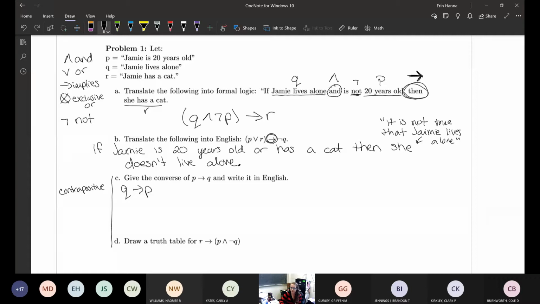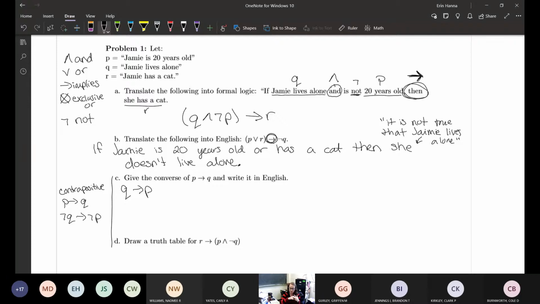This is like half review, half just doing problems, so I'm kind of doing a little bit of both here. So remember, when you have a contrapositive, you start with a P implies Q, and then you end up with not Q implies not P. So the converse just switches them, where the contrapositive essentially switches them and negates them. But anyway, going back to this problem, give the converse of P implies Q and write it in English.